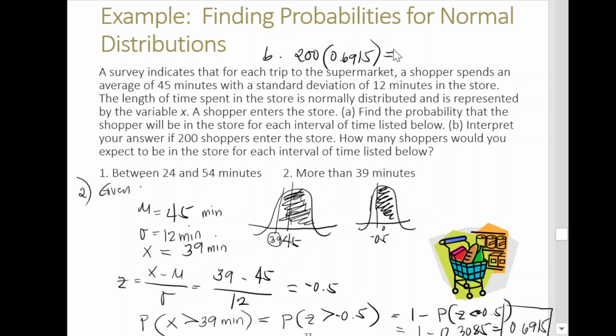Ang total na tao na mag-stay beyond, more than 39 minutes ay 200 times 0.6915, 138.3. So, automatically, dahil wala namang 0.3, okay, pwede nyo sabihin na 138, or some of us might be crediting it also as 139 na agad. Okay, so dahil tao naman ang pinag-uusapan.